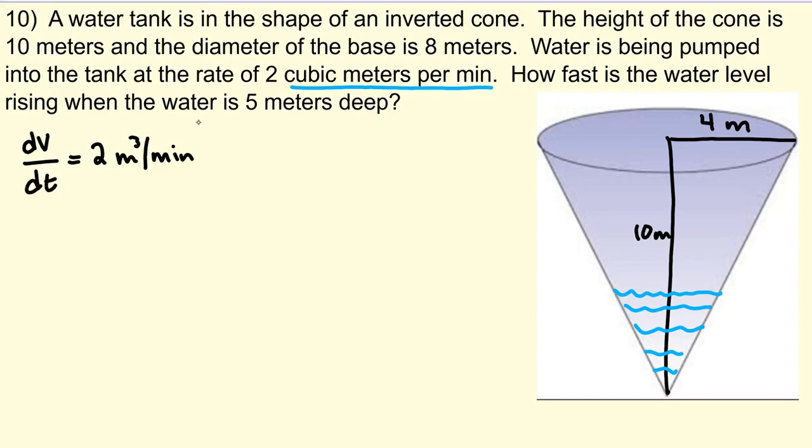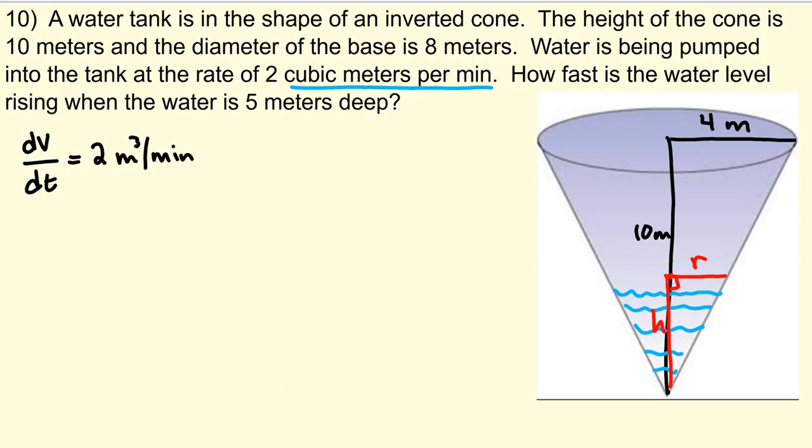Okay, we need a variable that represents the water level. So at any particular moment, let's say the water's this deep, we'll call this r the radius of the circular top of the water, and we'll call this h the height of the water at that particular time.